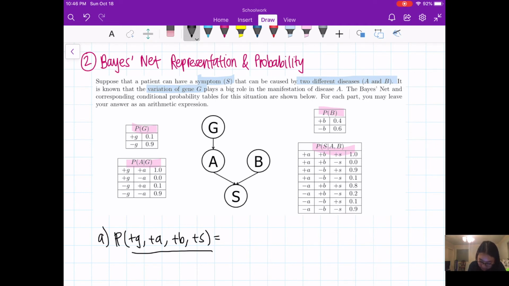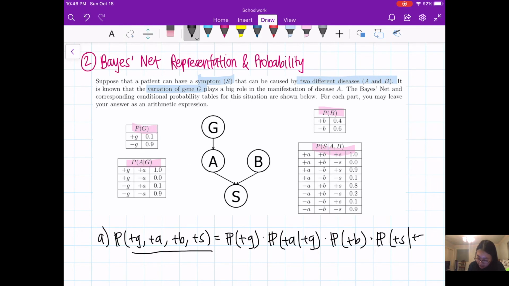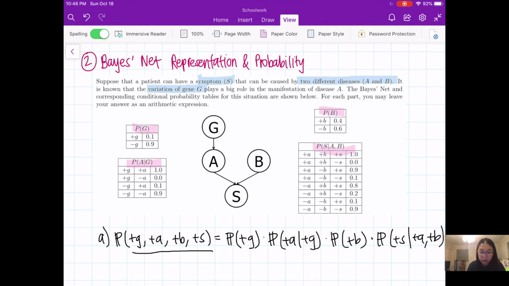So we want to multiply probability of plus G, times probability of plus A given plus G. And going to the right side, we have probability of plus B, and then times probability of plus S given plus A and plus B. Now we can plug in the actual values.